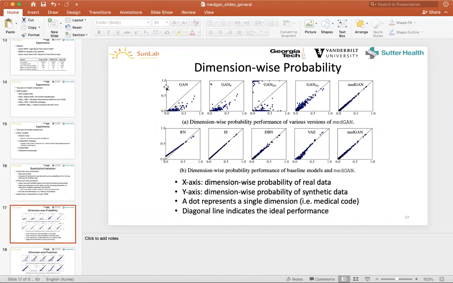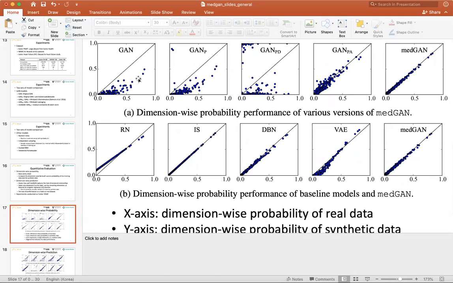Even the same feature, the corresponding column, might have a different occurrence probability. For example, this specific dot here. This means that from the real samples, this column has about a 75% chance of occurring. But in the synthetic ones, this column has only a 30% chance of occurring. Which means that it is a very low quality synthetic data set.